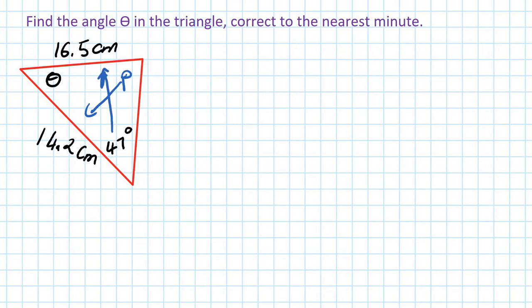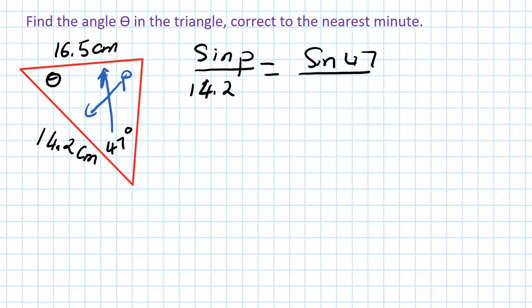So I use the sine rule. This means that sine P over 14.2 is the same as sine of 47 over 16.5.